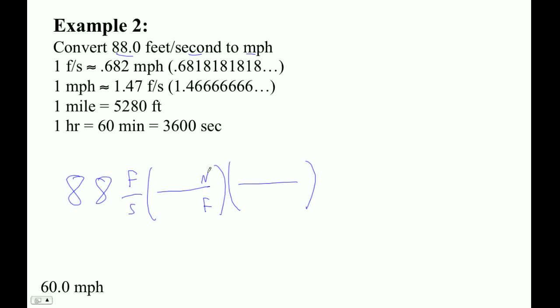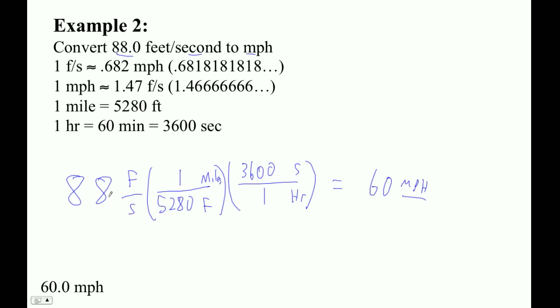We want miles, and then we don't want seconds, so we put seconds there. We want hours, miles per hour. So 3,600 seconds is 1 hour, 1 mile is 5,280. I know how to do this because I want to cancel these units. I put the feet down there because the feet are up there. So let's do this: 88 times 3600 divided by 5280. Indeed, that is 60 miles per hour.